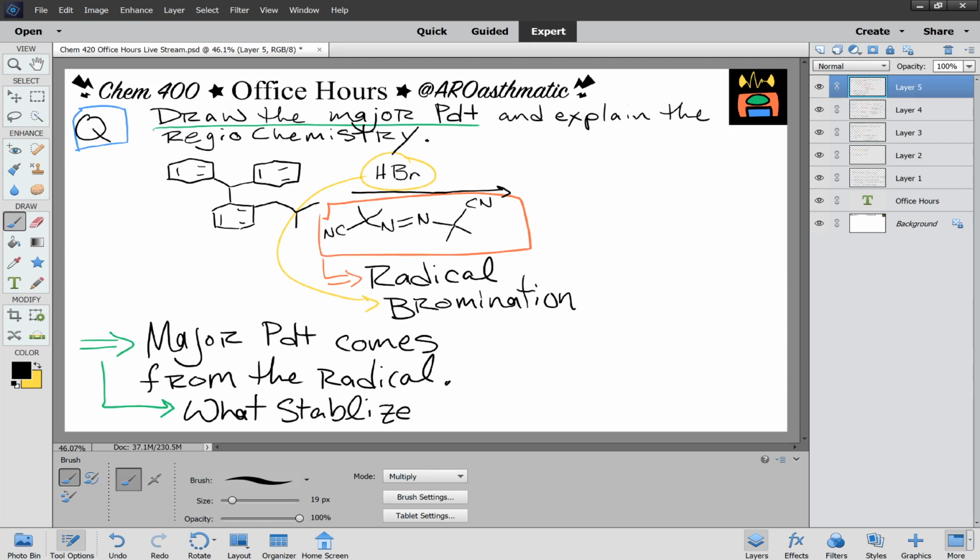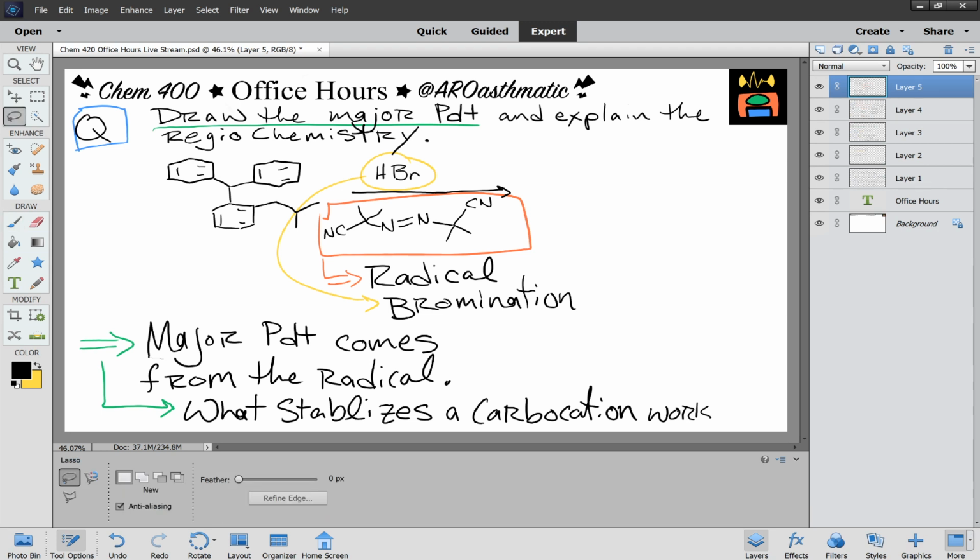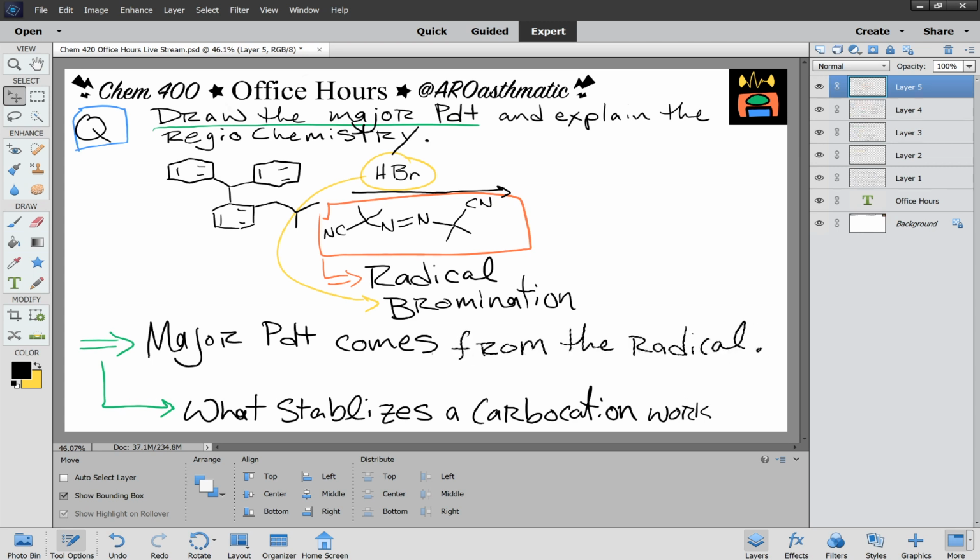What stabilizes a carbocation also stabilizes a radical.